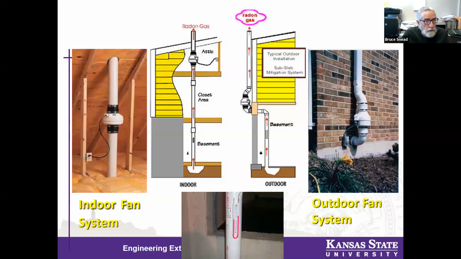Either approach can work. Both of them comply with the mitigation standards or can be installed according to mitigation standards. And you see in the bottom of the slide a U-tube manometer, which is simply a pressure indicator showing that the fan is creating a continuously operating suction to draw the radon from beneath the home and vent it into the air above the home.